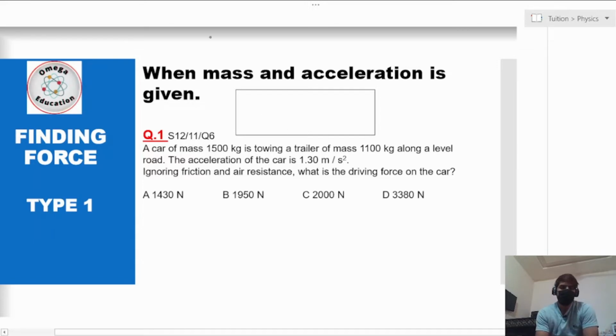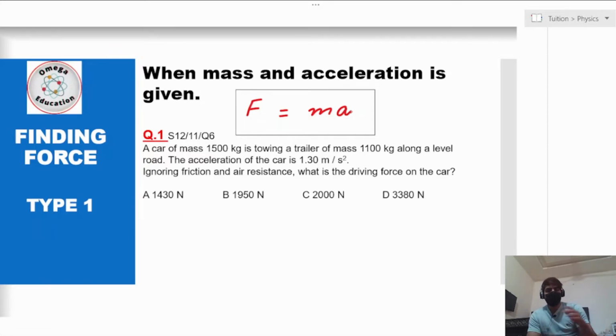And in that case, we have to use the formula force equals mass times acceleration, F equals ma. Matter of fact, from force and acceleration, I have already made a video about acceleration, all the cases in which you can be asked a question on acceleration.